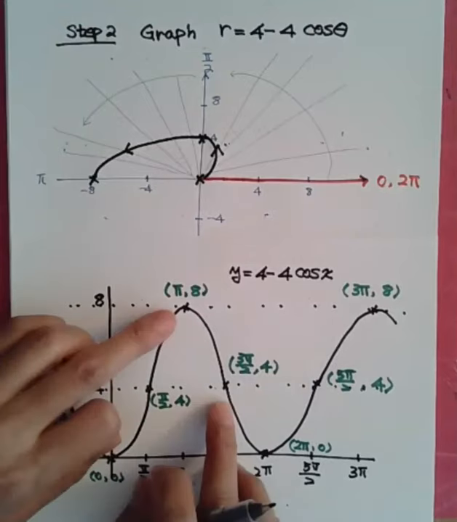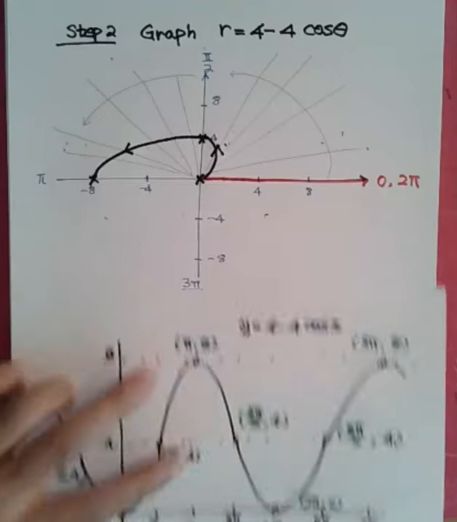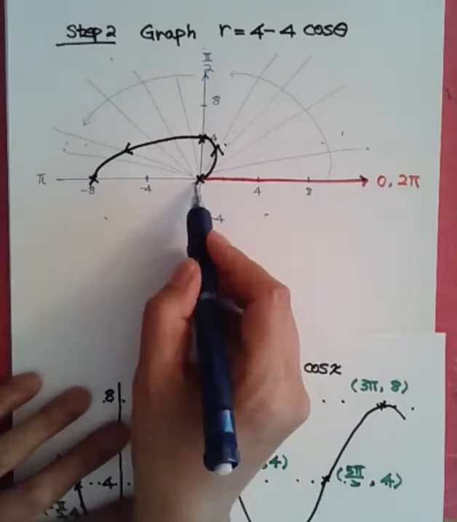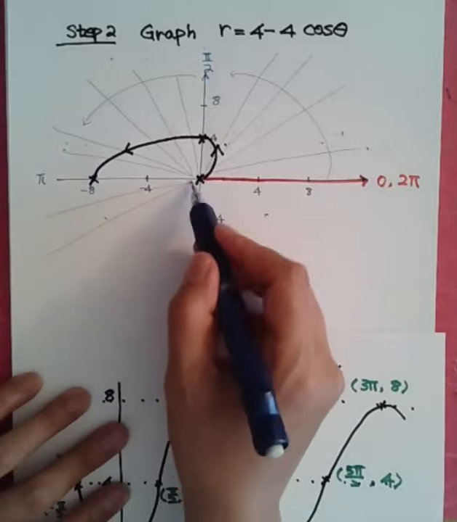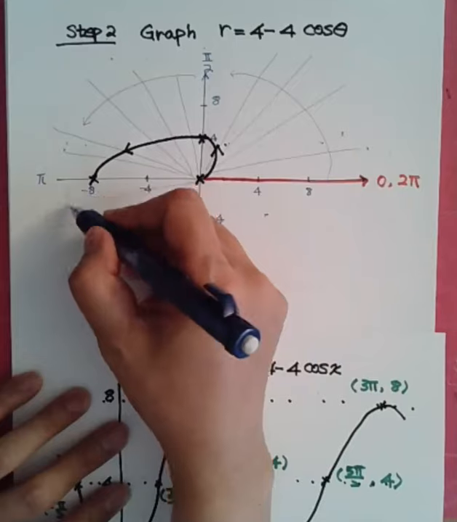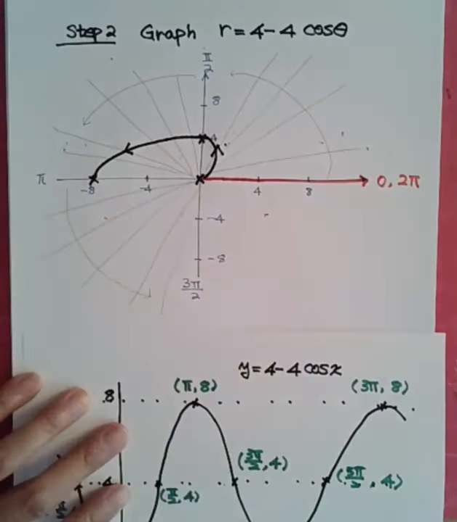When angle is between pi to 3 pi over 2, we follow these angles and we go this direction because angle increases.